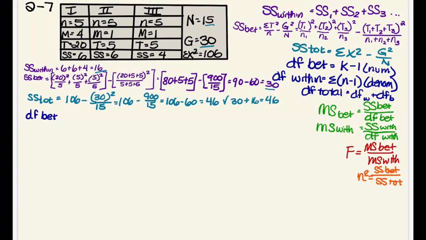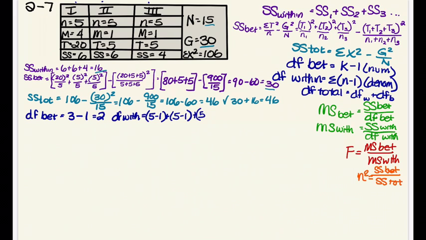Our degrees of freedom between treatments will be k minus 1, which is the total number of treatments minus 1. In this case, we have 3 treatments, so our degrees of freedom between will be 2. The degrees of freedom within treatments is the sum of the degrees of freedom of each treatment.